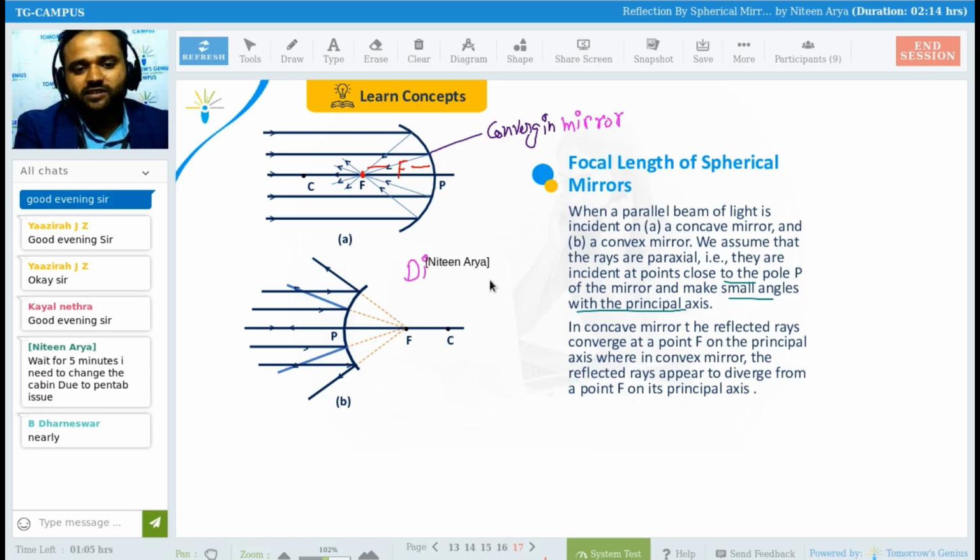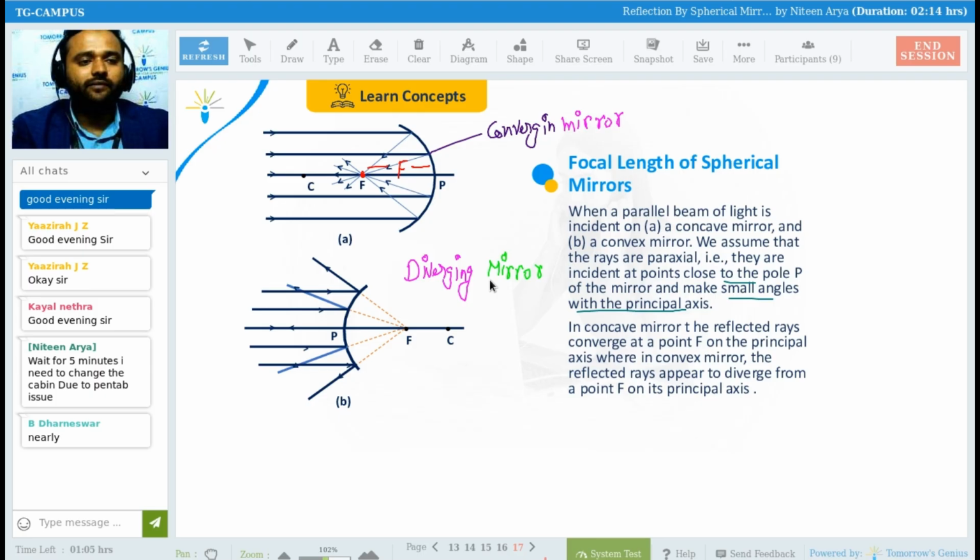And the convex mirror is known as a diverging mirror because it is going to diverge all the coming rays. So obviously, if it is going to diverge in the opposite direction, they are never going to meet.